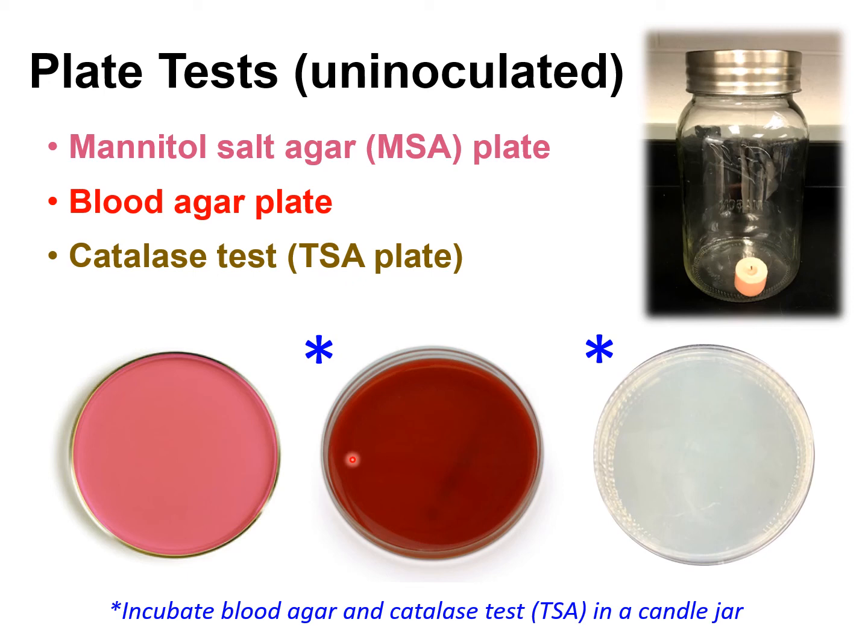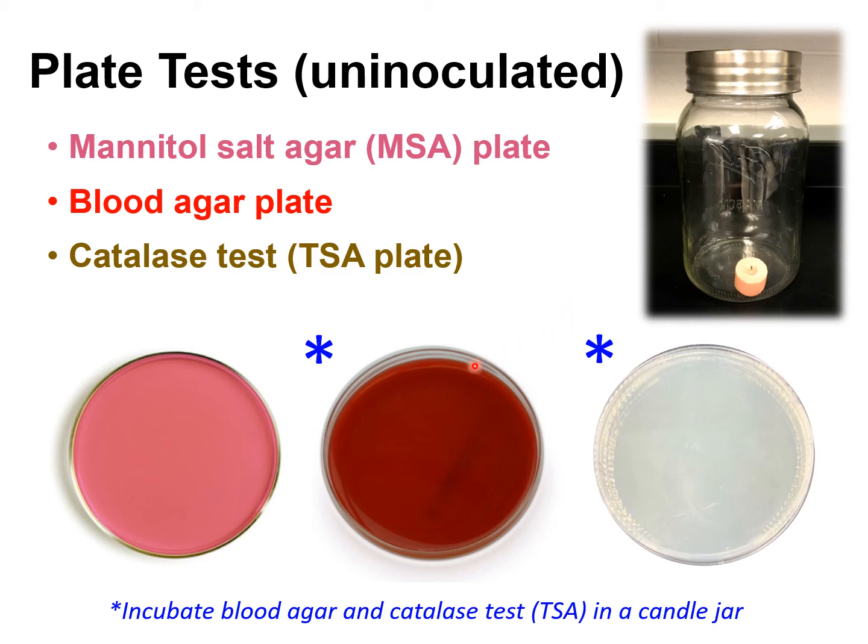Now, another thing to note about the blood agar and the TSA is we incubate them in a candle jar. A candle jar would be a capnophilic environment where the amount of oxygen is low and the amount of carbon dioxide is high.